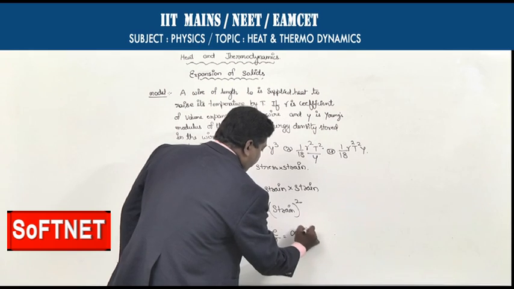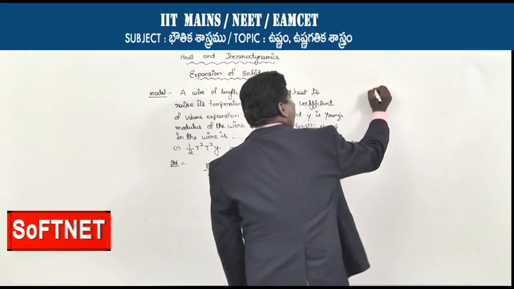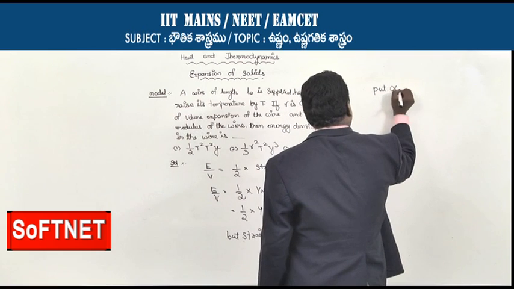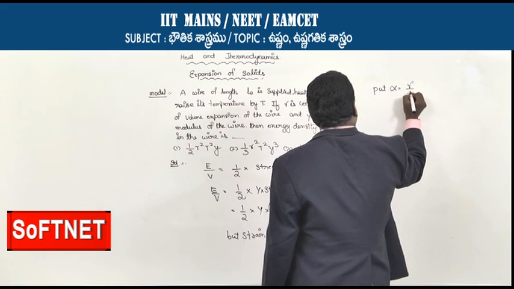alpha delta theta. Put alpha equals gamma by 3.